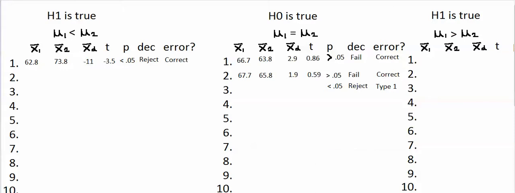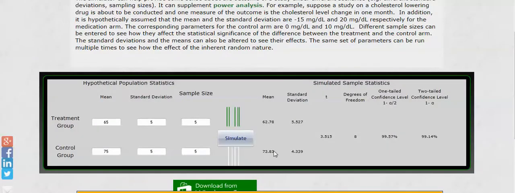Next, we would do another simulation. So this time we got 64.6, and here we have something interesting. So this came out to 64.6. This one underestimated the population mean by quite a bit, by chance.